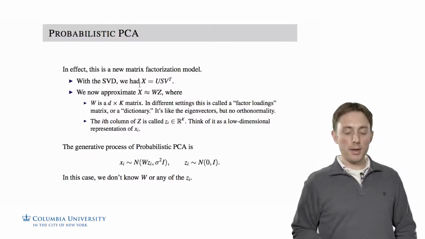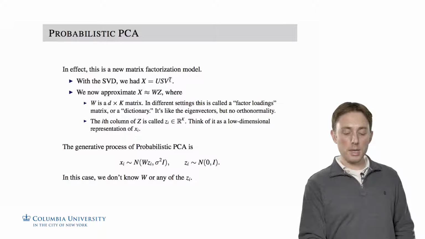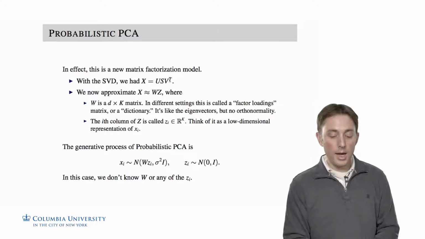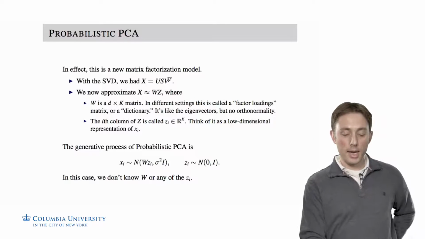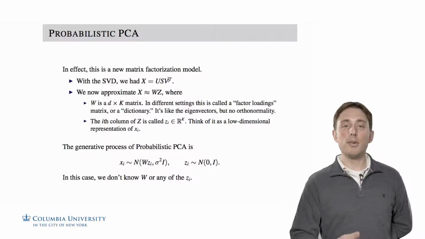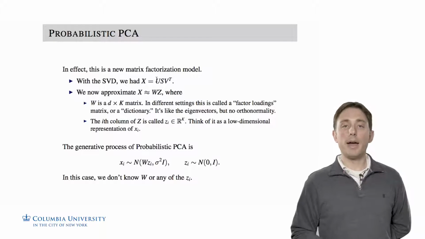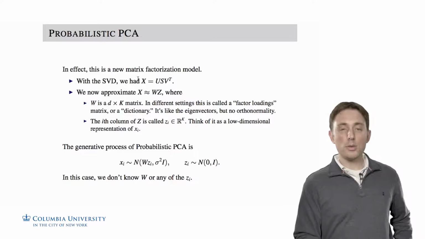Remember, we have that X is equal to U times S times V transpose if we want to write it as an SVD, and we can then say that U and S give the eigenvectors and eigenvalues. So we can directly learn this sort of factorization without having to take the product of X with itself. And that's what we're going to do.